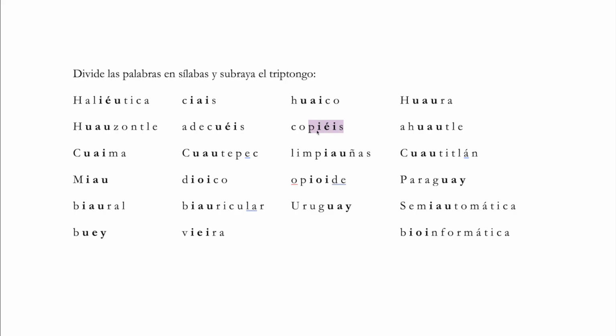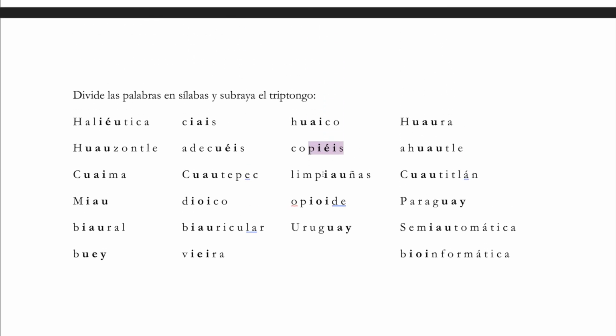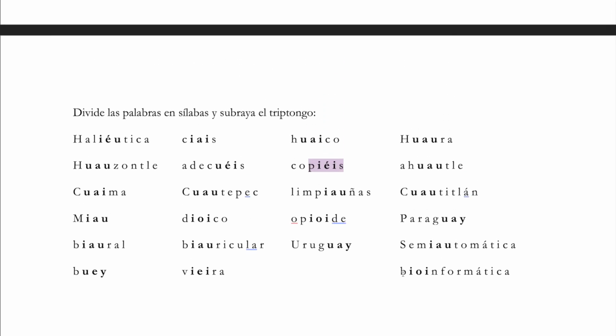So copiéis. No copiéis. Don't copy. Right? And these are really the basic rules. Even if you look at this one right over here, notice this is a triphthong. We leave it alone. Stress is over here, and we mark this one. And this is based on stress number 1, or rule number 1.